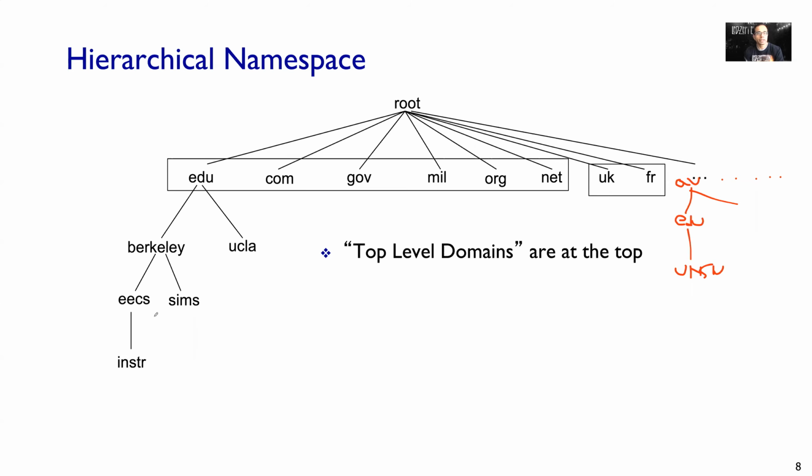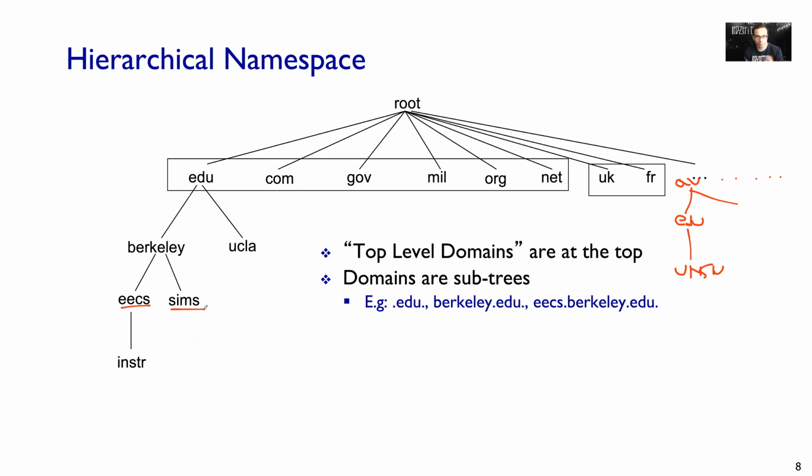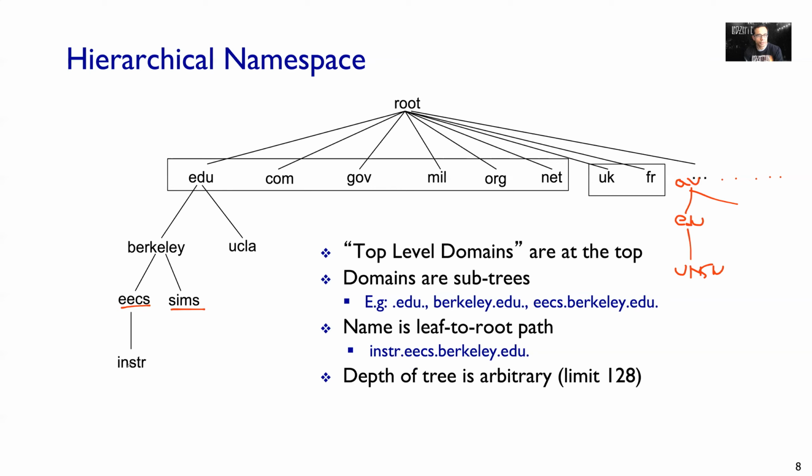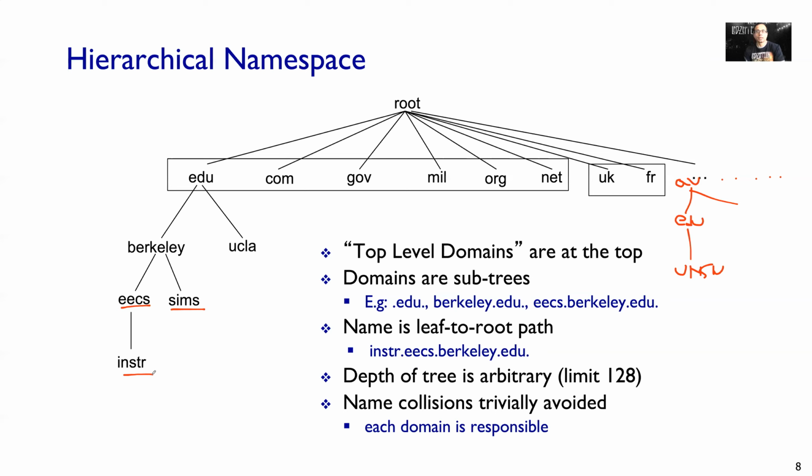And then under Berkeley, let's say, again, this is fictitious, I don't necessarily know if this is true, you might have an Elec and computer science department. You might have another department called SIMS. And then under EECS, you might have another domain, say instrumentation or whatever, right? So as you see here, this hierarchy can go down effectively.